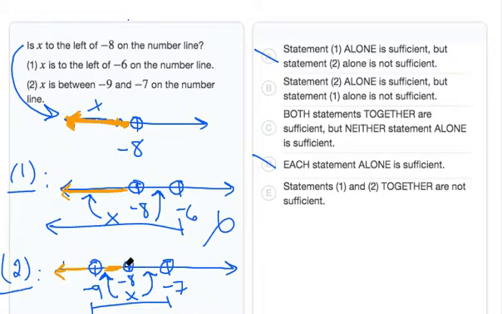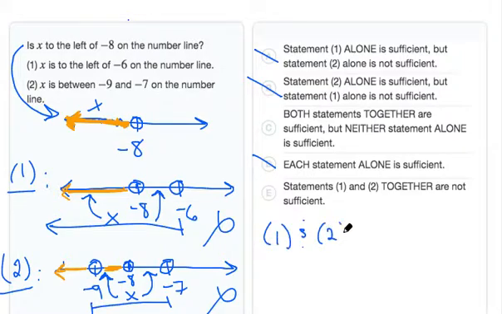So x could be in here, in which case we have a no answer to the question, but we could also have a possible yes. Using the same logic as statement 1, statement 2 is not sufficient. That means we can eliminate answer choice B, and we're still left with C or E, so we have to check both statements together.